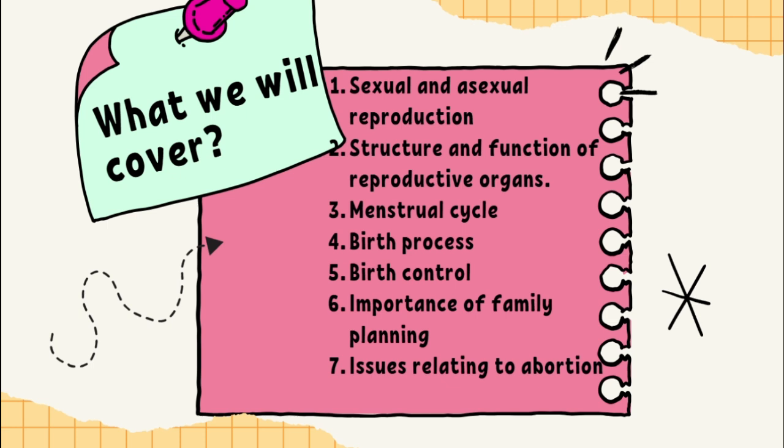Although, the female one is going to take up a bit more time because a lot more goes on there. Then you have the menstrual cycle, the birth process, birth control, the importance of family planning, and then the issues relating to abortion. So this is just a quick crash course, so we're going to take our time and go over everything in a timely manner.